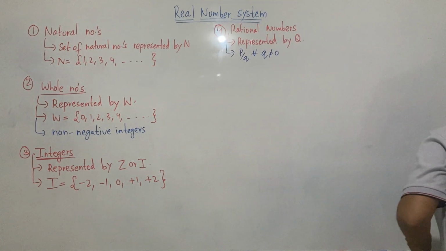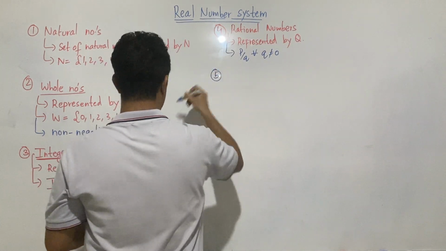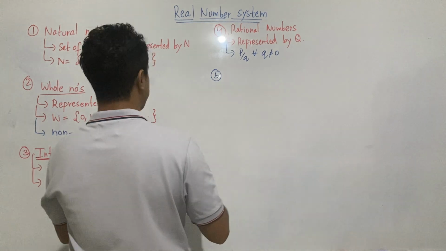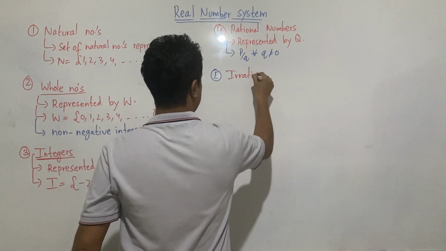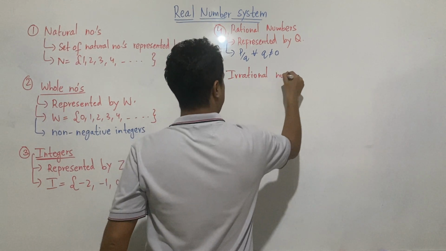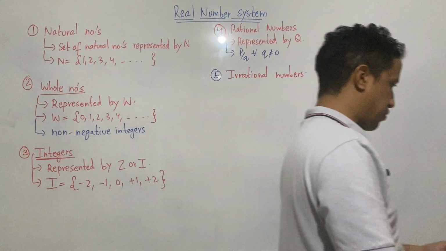Irrational numbers. Now, what's the thing with irrational numbers?